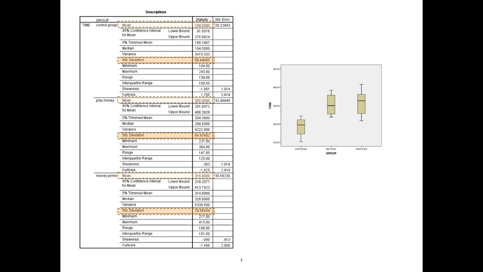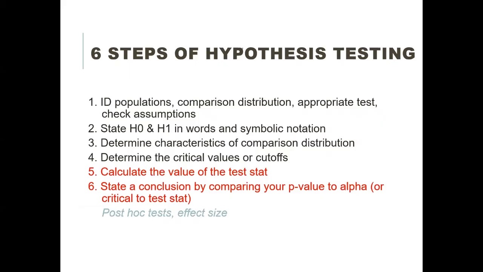We can see that the mean for the control group, which is 184 seconds, is lower than the mean for either the play money group, which is 305 seconds, or the money prime group, which is 315 seconds. But of course, to see whether or not these means and the spread around the means are statistically different from one another, if these means are coming from populations that are distinct from one another, we need to go through the steps of hypothesis testing.